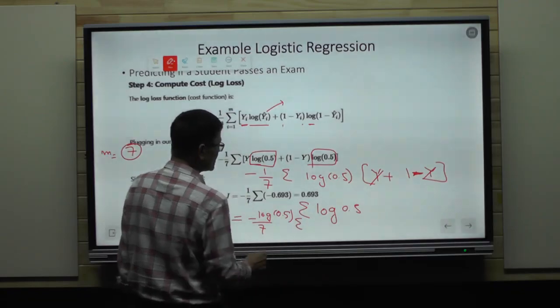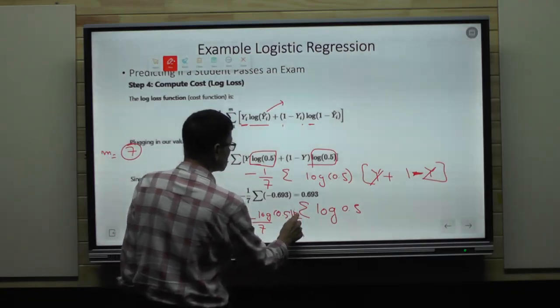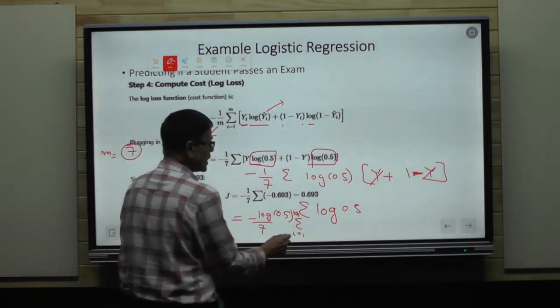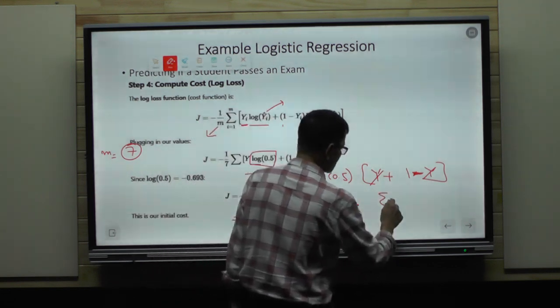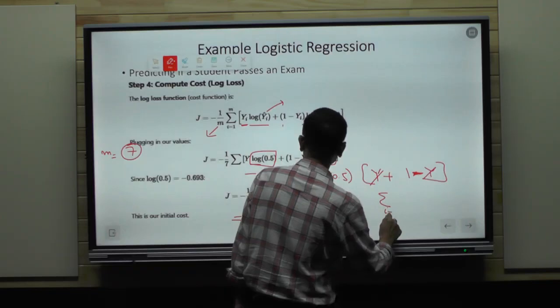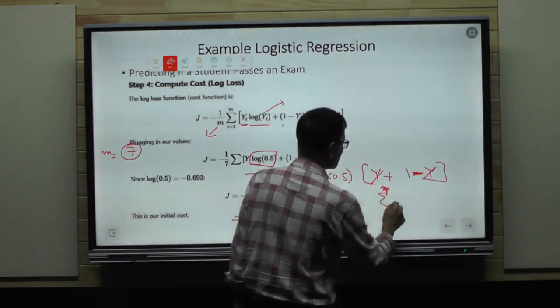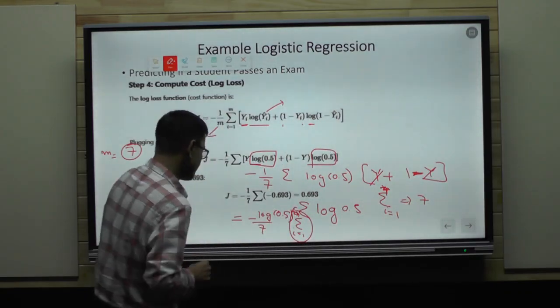And the summation remains, and we have to sum it from i equals 1 to i equals 7 for every output. So this evaluates to summation from i equals 1 to m, which is 7, evaluates to 7. Okay.